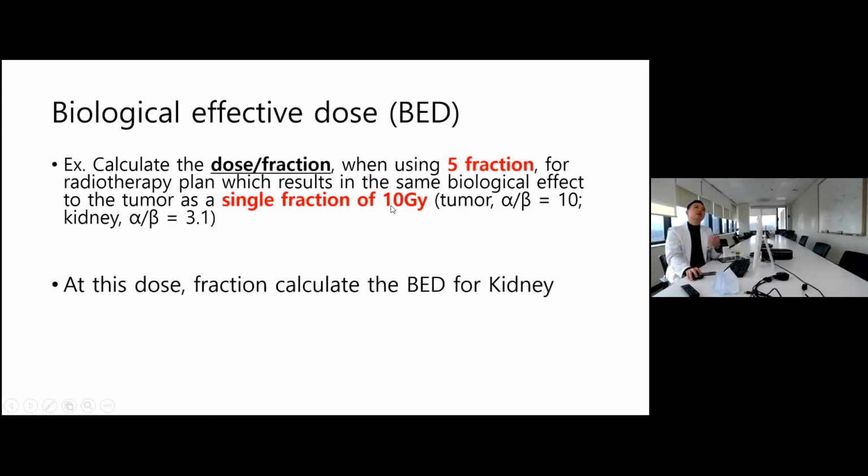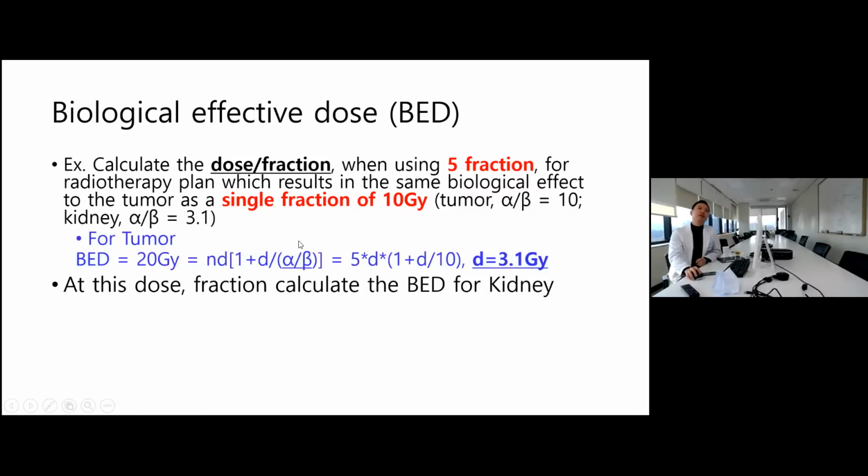So you need to apply this biological effective dose to calculate how much dose per fraction you should give if you conduct a 5 fraction radiation therapy. For the tumor, for the single fraction of 10 gray, the BED, if you calculate here, will come out as 20 gray.